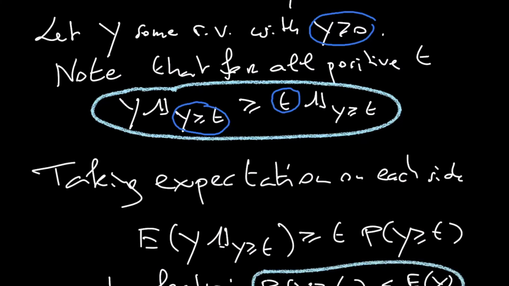So when you take expectation on each side, then you get an upper bound on the probability of the tail, which is simply the expectation of y over t. You could have kept this guy here. Sometimes it's useful because it's tending to 0 when t tends to infinity. But when you want to get an asymptotic upper bound, in some sense, it's good to look at this quantity here, which is simply Markov's inequality.